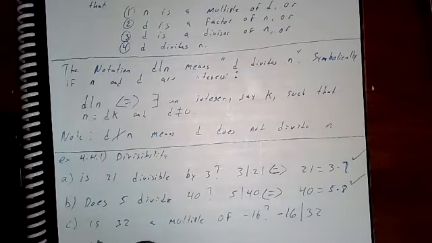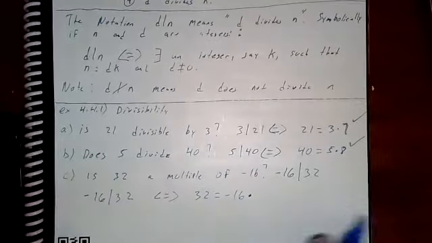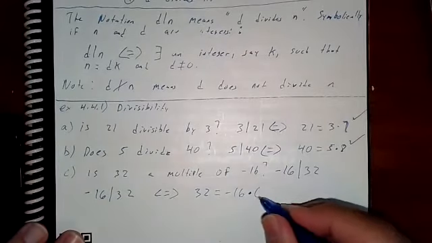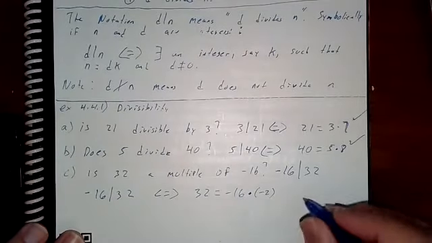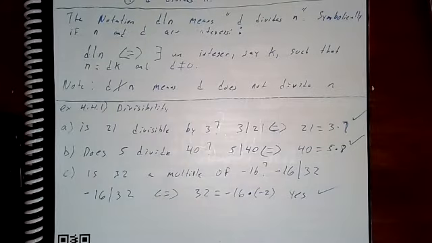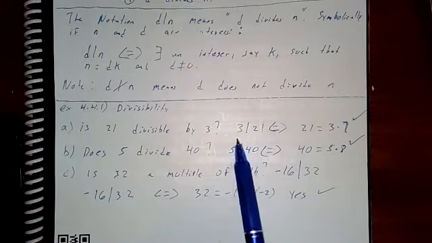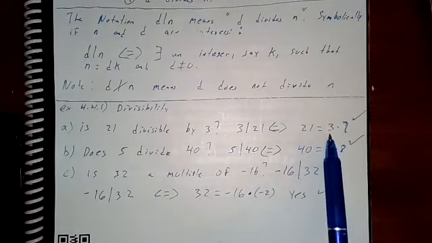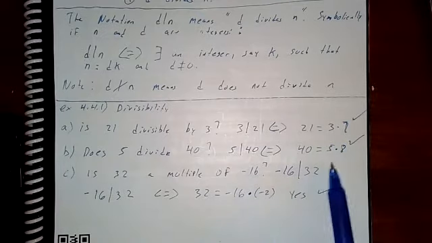I'll write it down here. Using the definition, 32 is equal to -16 times some multiple. The only multiple I could choose here to make it positive 32 has to be -2. So yes, the answer is yes. All these, this first example, is just learning how to apply a definition, knowing that division means you can rewrite it as something times a divisor.